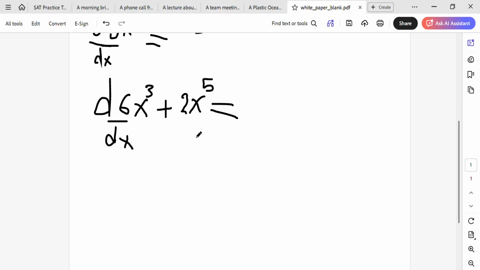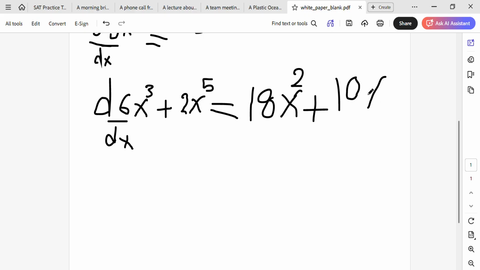So the derivative of this function, step by step: here we have x raised to the power 3, so it will be 3x squared, and we already have 6 as a whole number, so it will be 6 times 3, that is 18x raised to the power 2, plus the next one, 2x raised to the power 5, so it will be 5 times 2, that's 10x raised to the power 4, because we just subtract n minus 1.